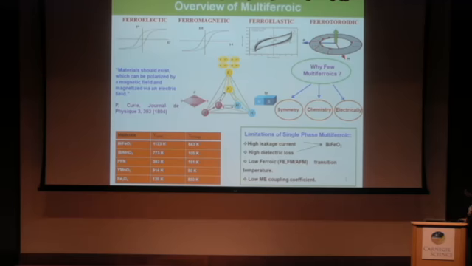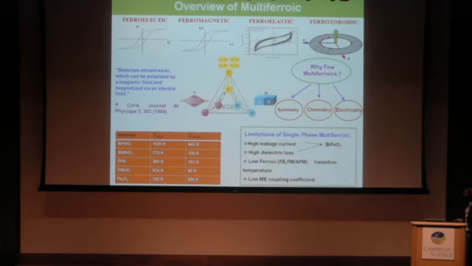Due to the mutual incompatibility between electric and magnetic order, there are very few multiferroics existing in nature, and among them these are some common examples: bismuth iron oxide, bismuth manganese oxide, lead iron niobium oxide, yttrium manganate, and magnetite.